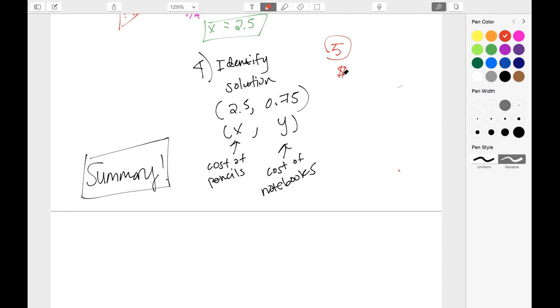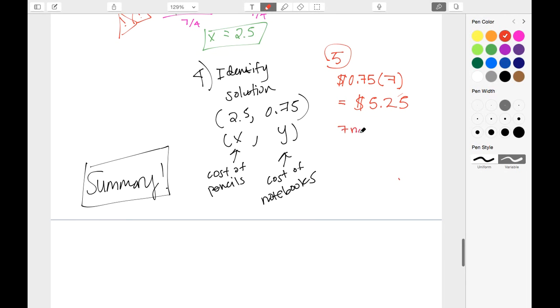So if we know that it costs 75 cents per notebook, we can multiply this times 7, and we'll get the cost for 7 notebooks, which ends up being $5.25. So our final answer is going to be 7 notebooks will cost $5.25. And that's our answer.